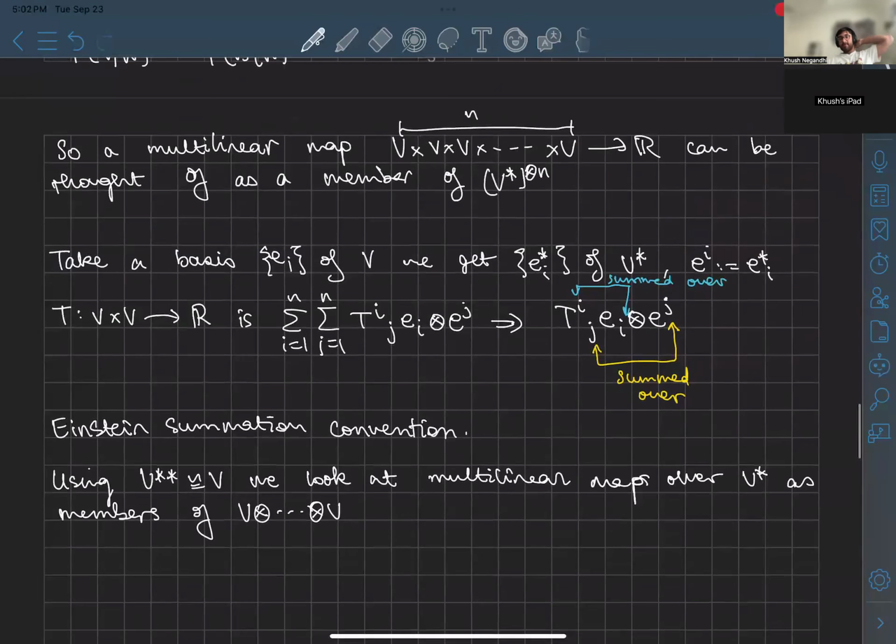Just using the same argument we had above. Well, I guess multilinear maps into R.